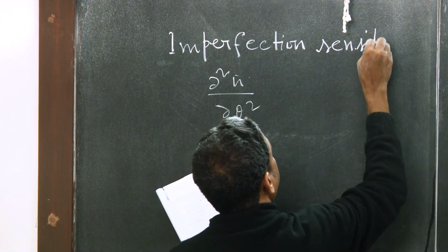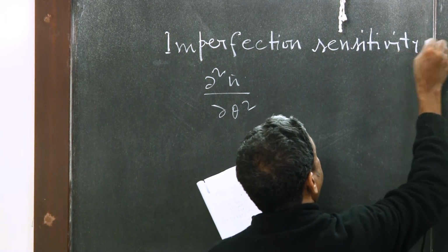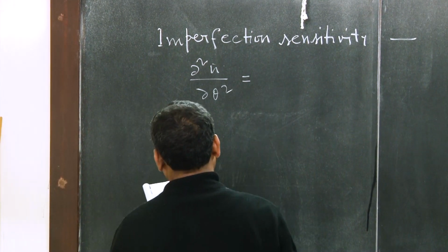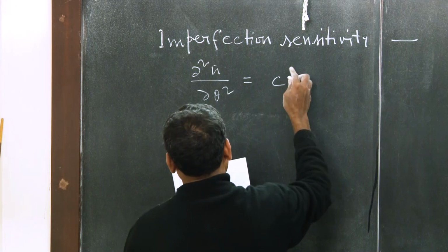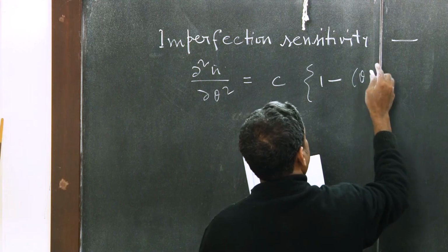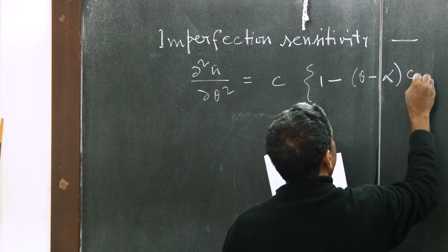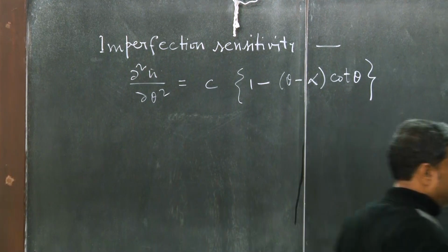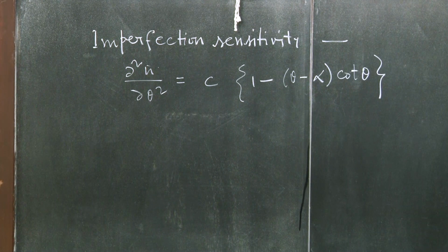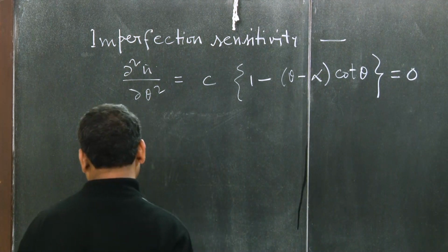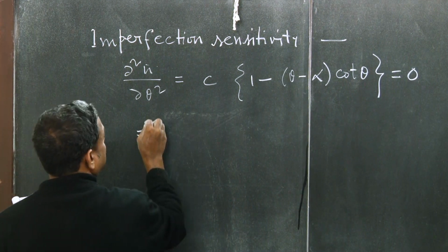I have derived del 2 pi del theta 2. What was that? That was nothing but C 1 minus theta minus alpha cot theta, right? That was 0, that is the stability boundary. So, I want to study the stability boundary.